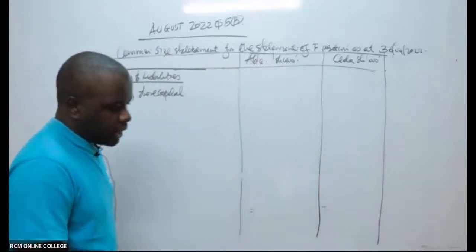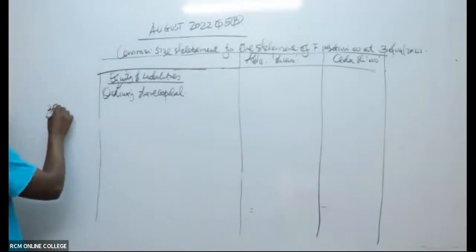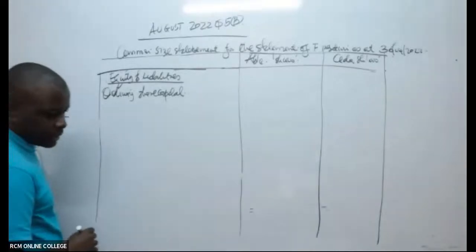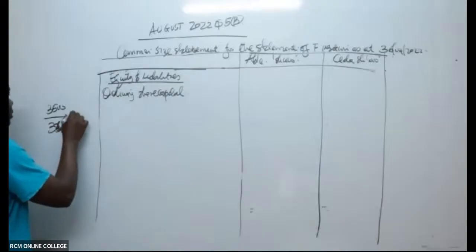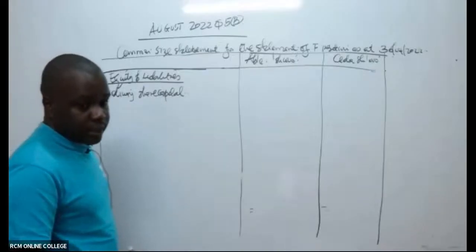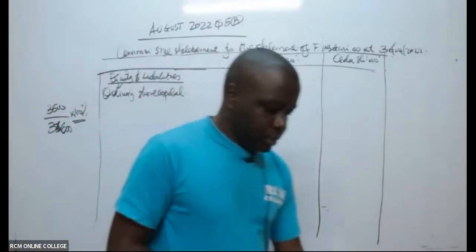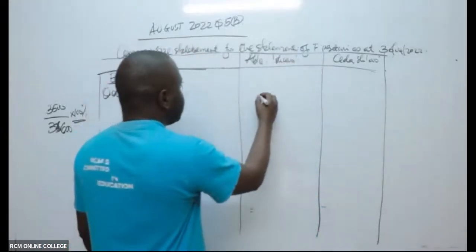So you take 3.5, divided by 33,600, then multiply by 100%. You're getting 10.4% for the ordinary share capital, so averagely that is 10%.